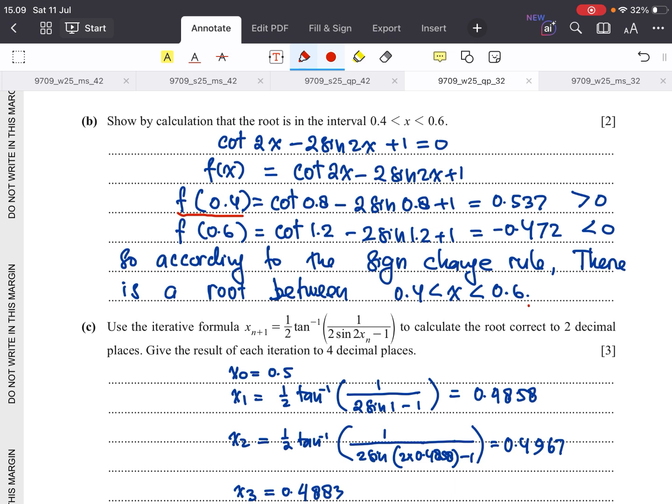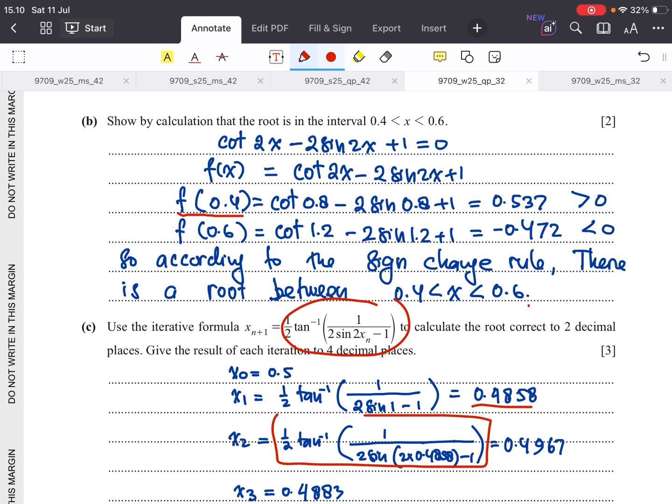0.5. And then for x1, I replace the x with 0.5 and put it here. And I get 0.4858. For x2, I use the previous value of x, which is 0.4858, and put it again here.